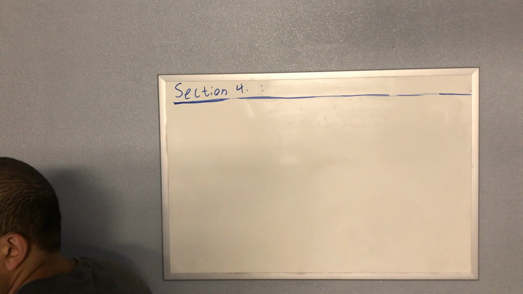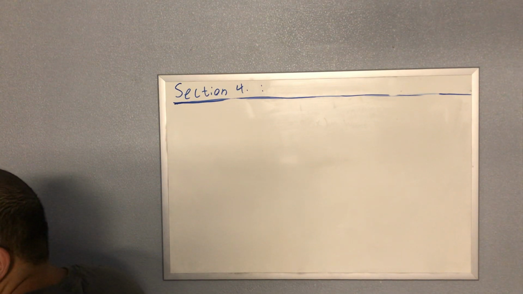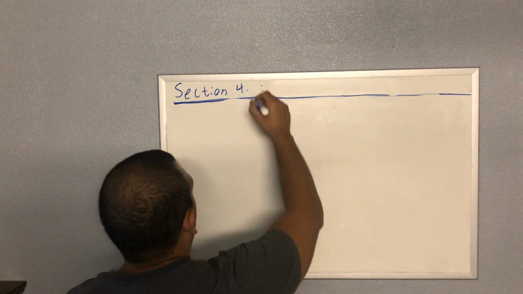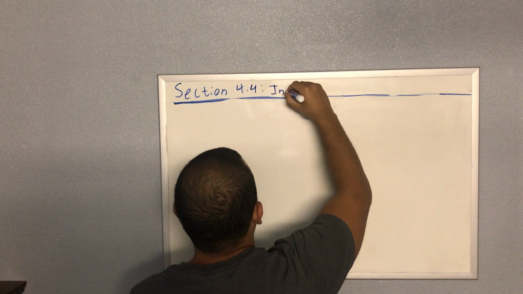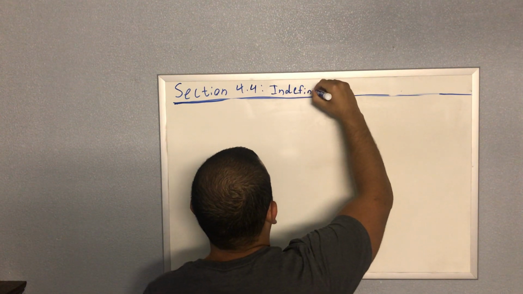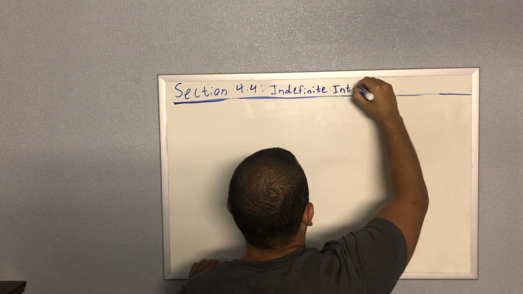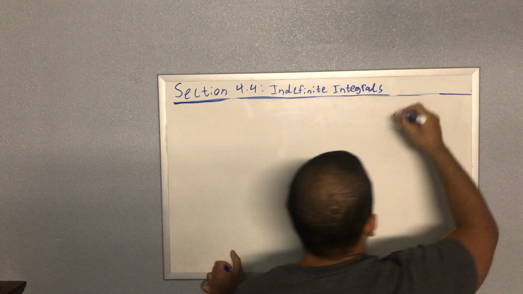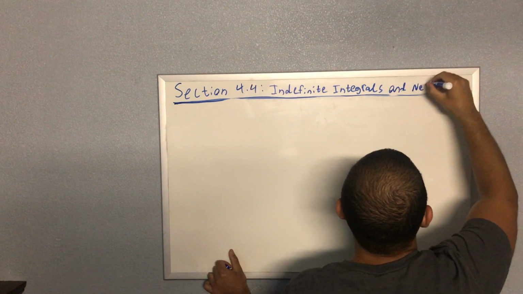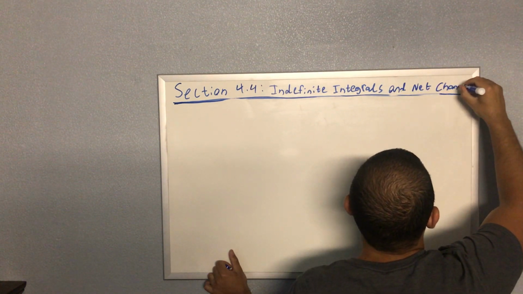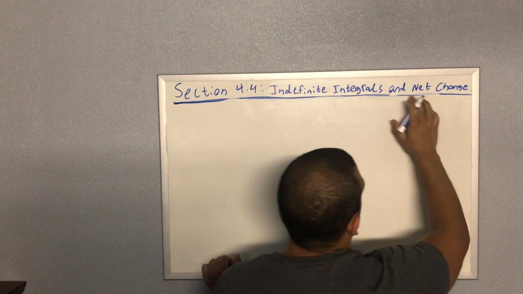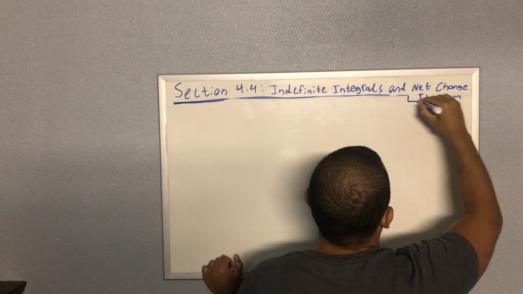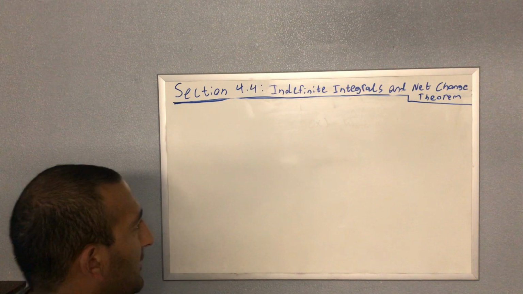This is going to be the content of the next section, which is 4.4, indefinite integrals. So we had definite, now we have indefinite integrals, and net change, and then I'll have to squeeze in the net change theorem. So the net change theorem and indefinite integrals.